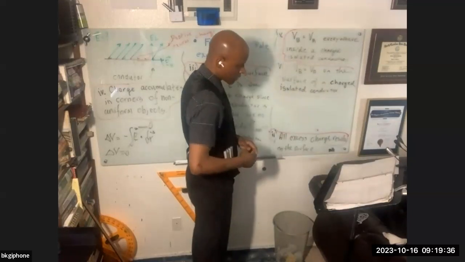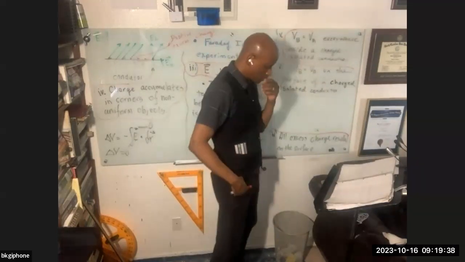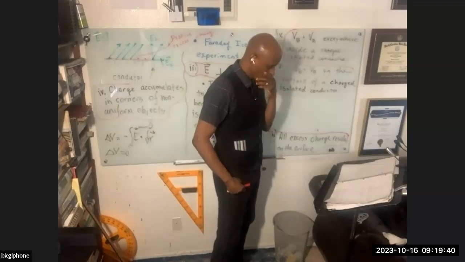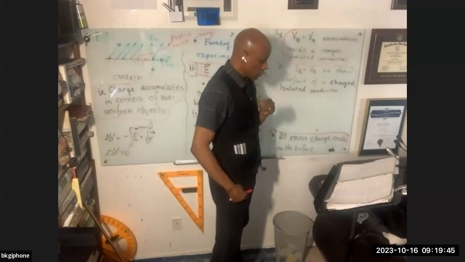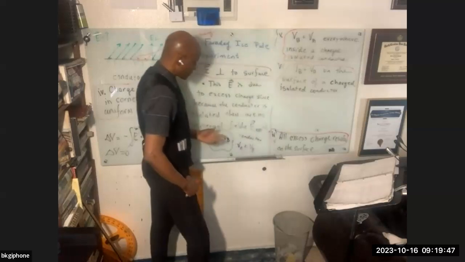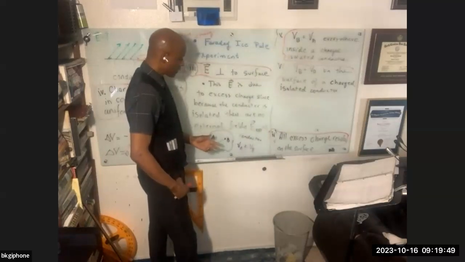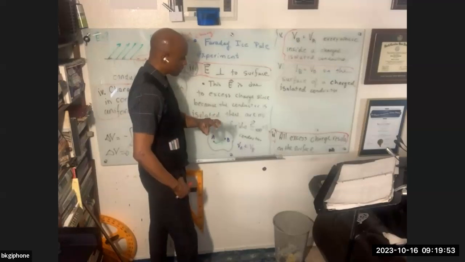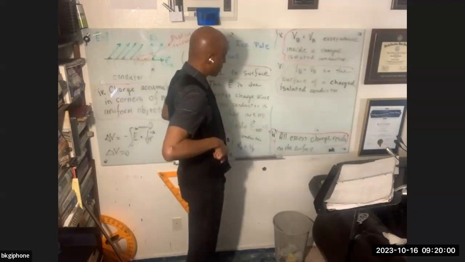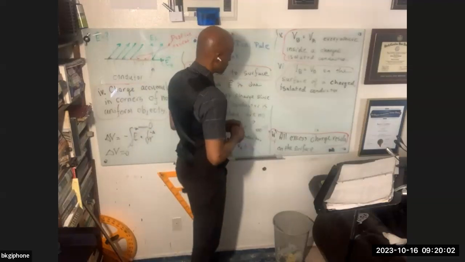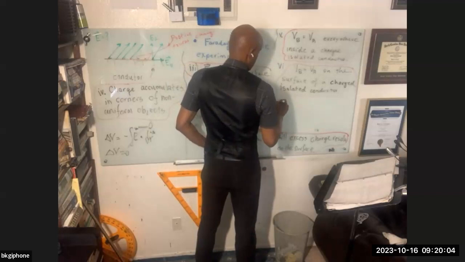And we can also say that because the potential is the same everywhere on the surface of a conductor, if we have an excess charge and we try to move it, it doesn't require any work to do so. And you can see this from the general definition of potential energy, right?